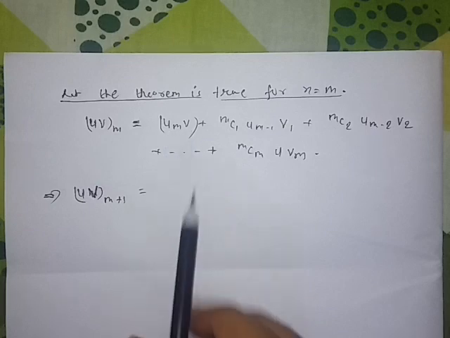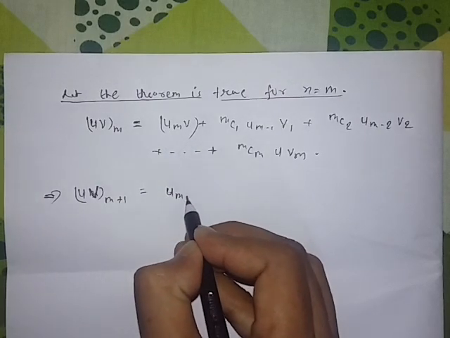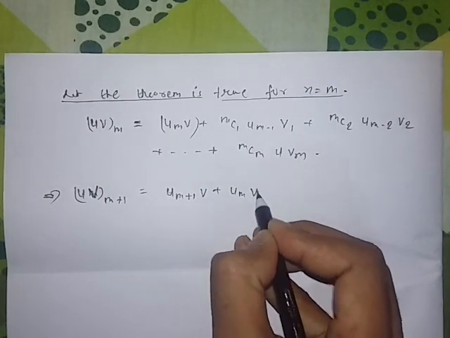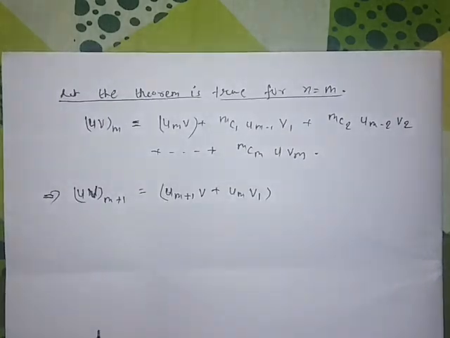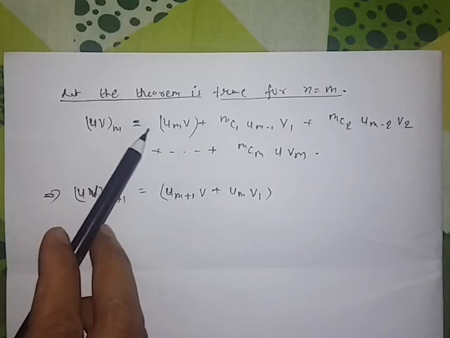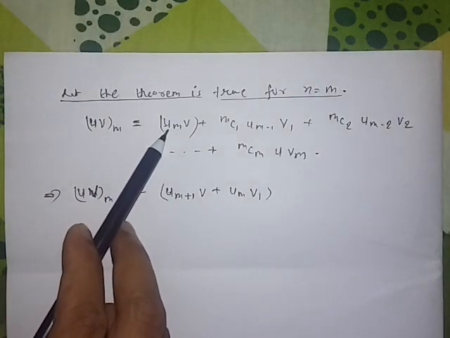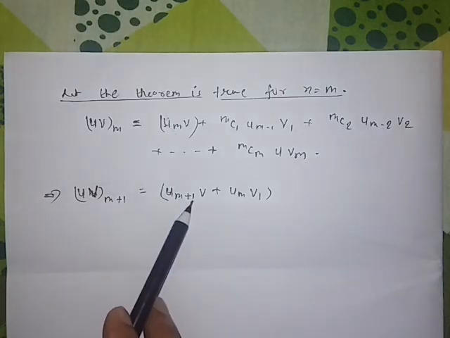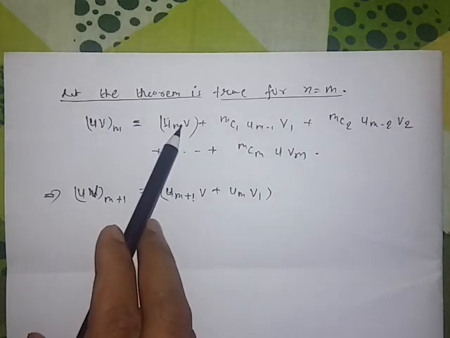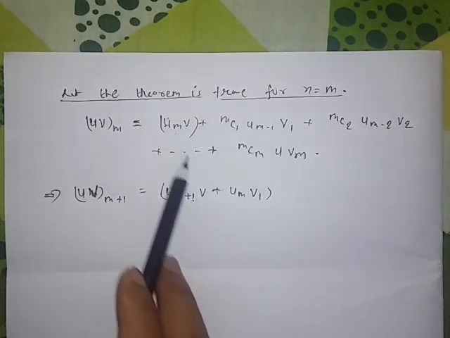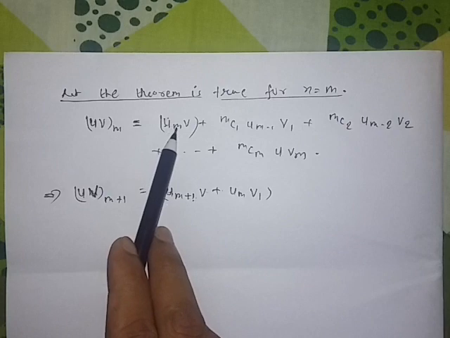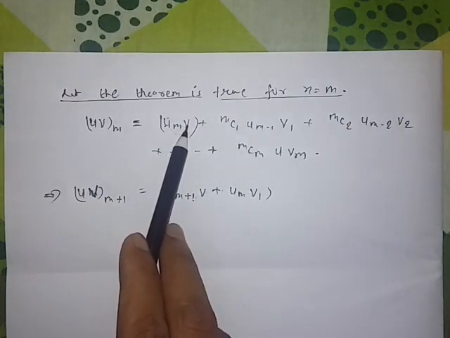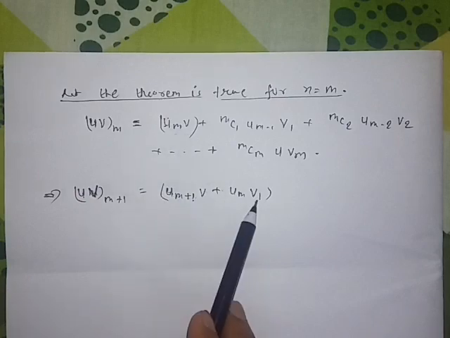Differentiating this term we will get um plus 1 v plus um v1. Here we did the first derivative of the first term to get um plus 1 into v without changing anything, plus we write the first term without changing anything into the derivative of the second term v to get v1.